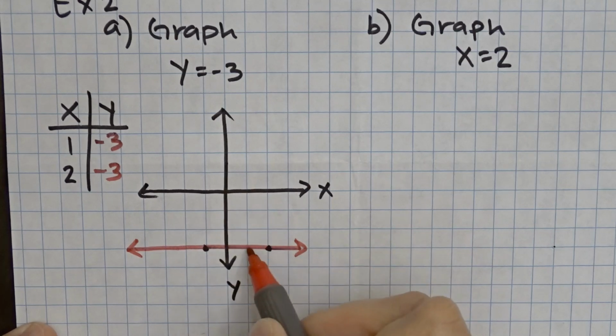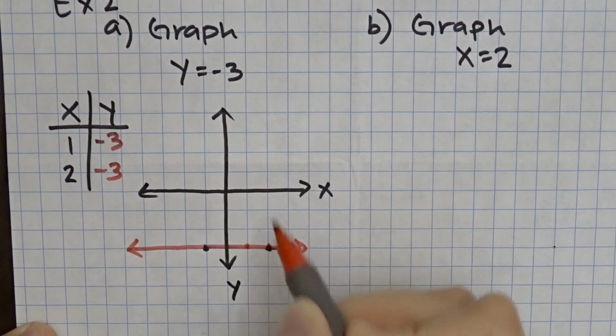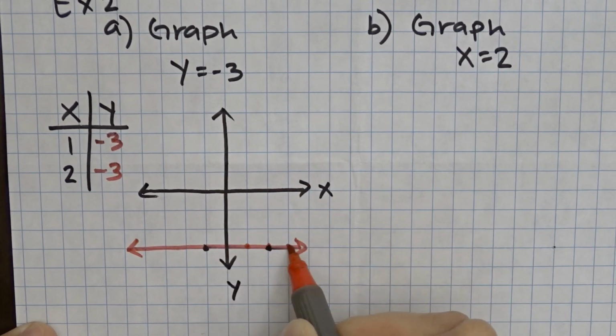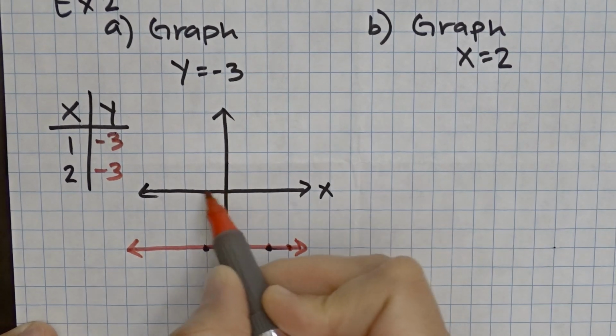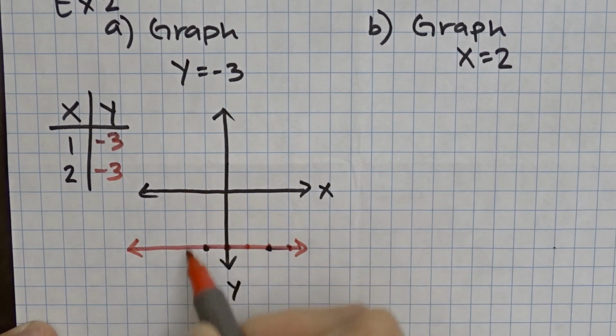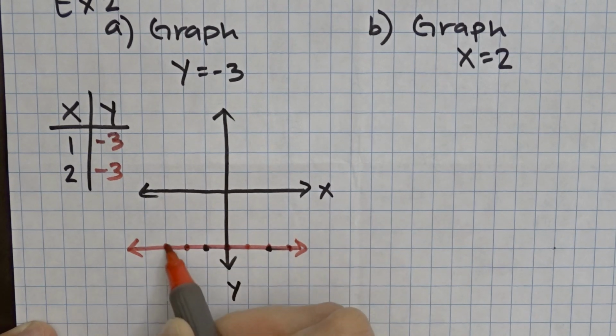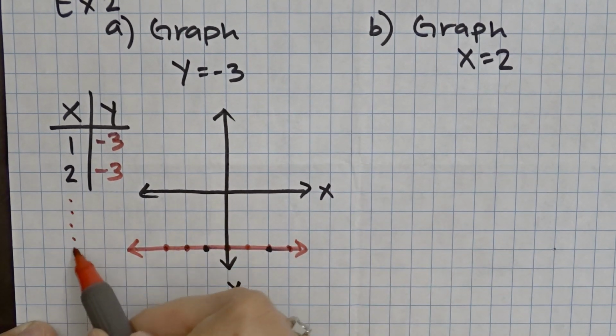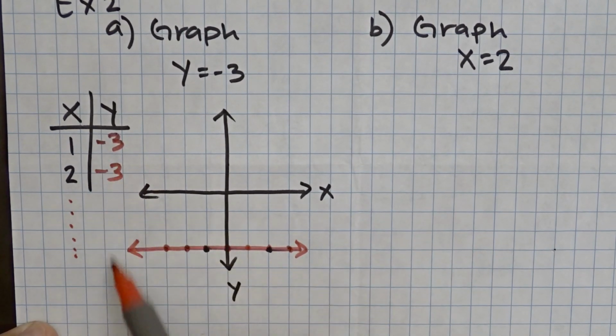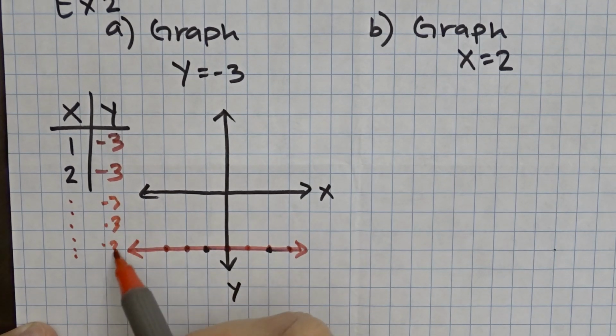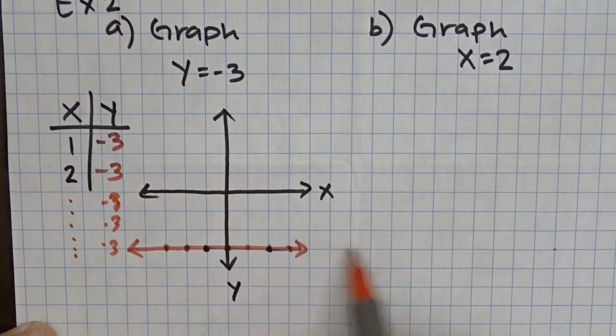X, 1, -3. 2, -3. 3, -3. 0, -3. -1, -3. -2, -3. -3, -3. No matter what I do, I can keep going, but they're all going to be -3s. So that's going to be this line here.